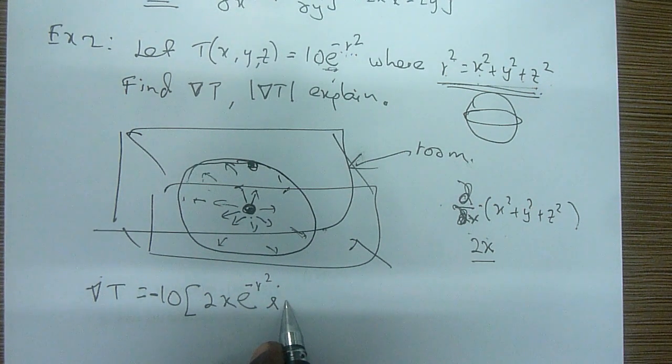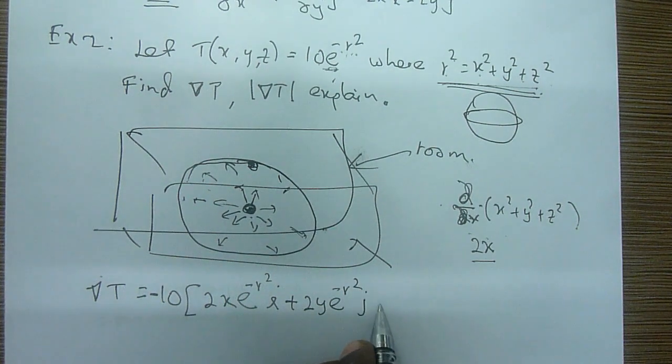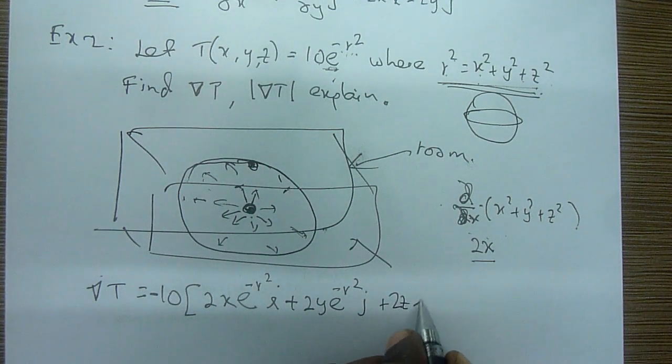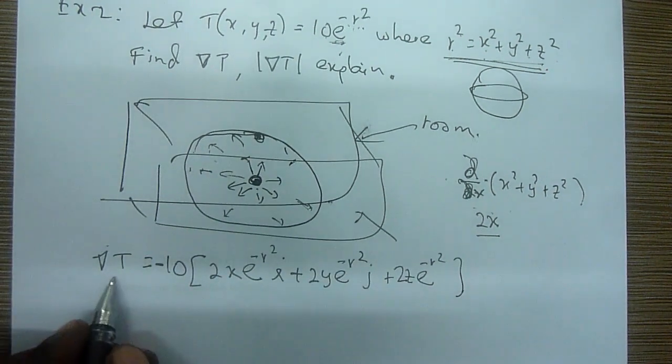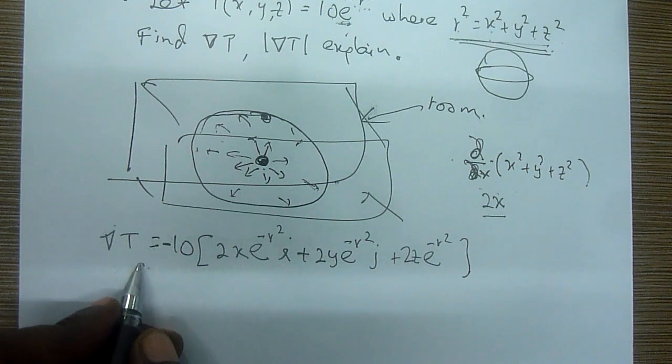And similarly I get 2y e^(-r²) j plus 2z e^(-r²) k. Okay, nabla T, I will explain the detail.